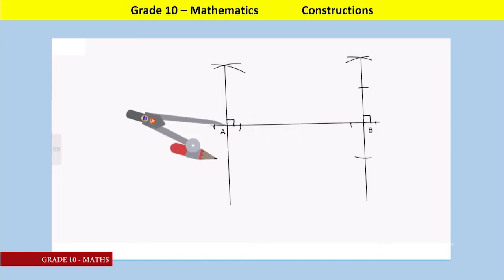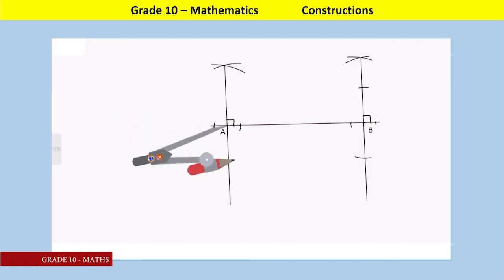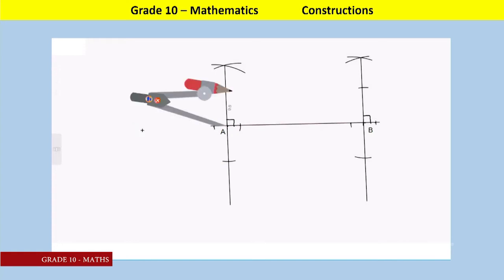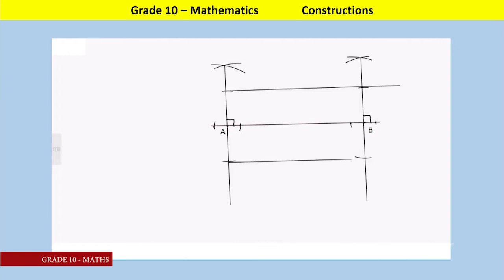Just as same way, we can find 2 points 3 centimeters away from A. Here we found 4 points. Let's join 2 points. Hope you work with me.